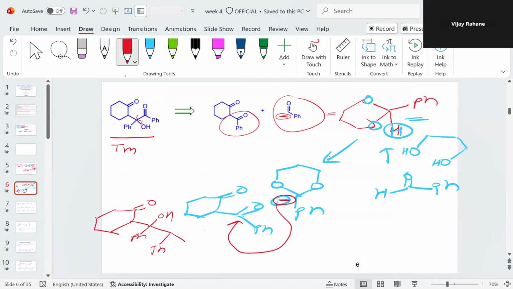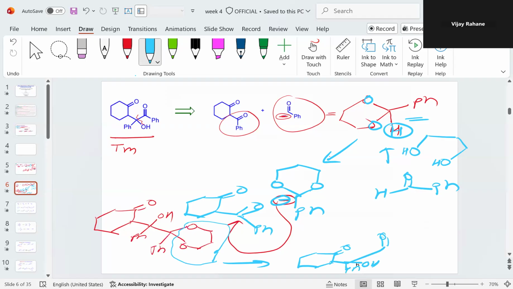And upon deprotection of the side group, it gives our target molecule, which is this one, Ph, OH, and now it has the Ph like this. So in this way we can do the retrosynthesis of this one.